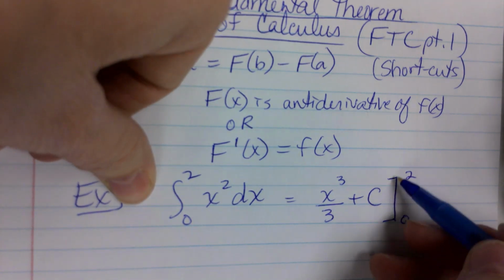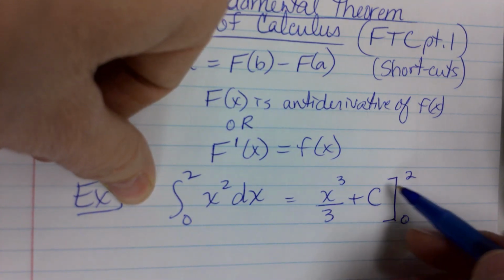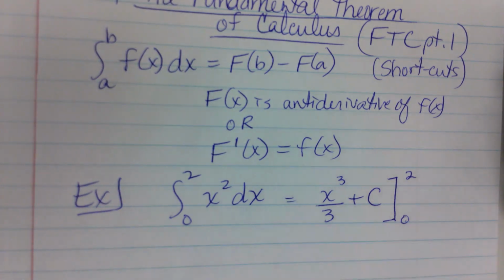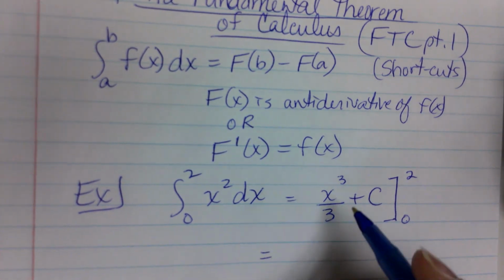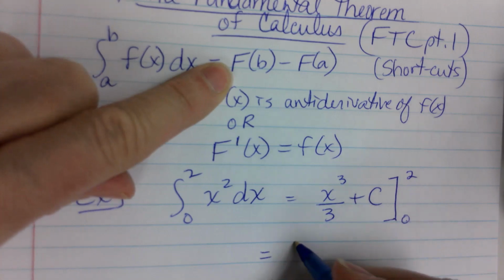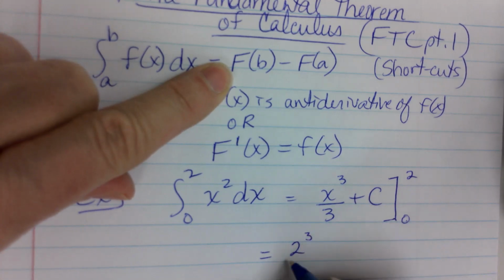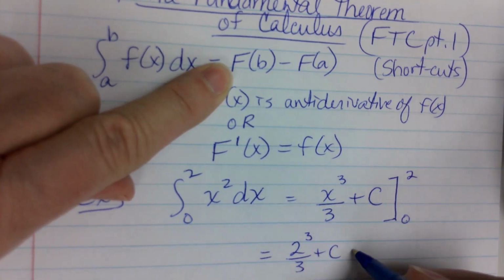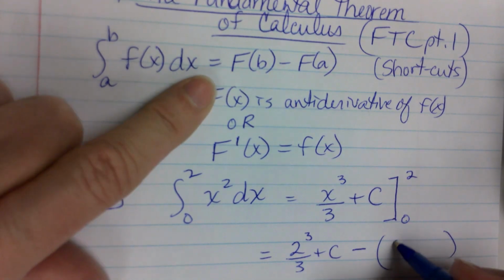Some books will do a straight line, others do the little bracket. It's okay. And then we actually plug the top one in for the x minus the bottom one in.